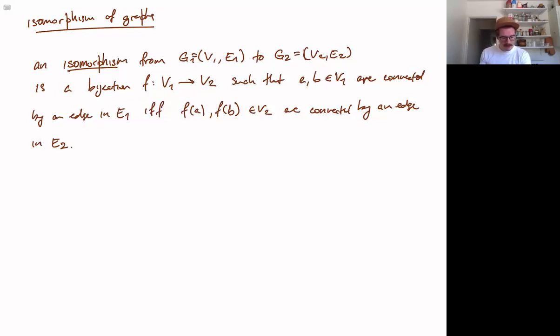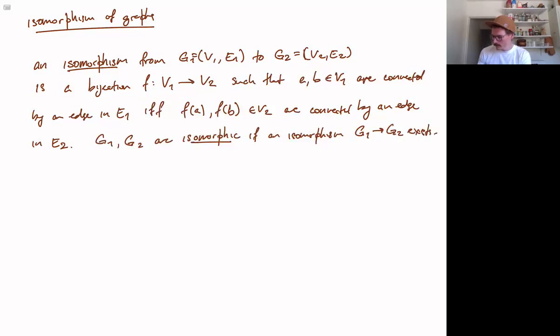And in this case, G1 and G2 are said to be isomorphic if there exists an isomorphism between them. So let's see some examples.